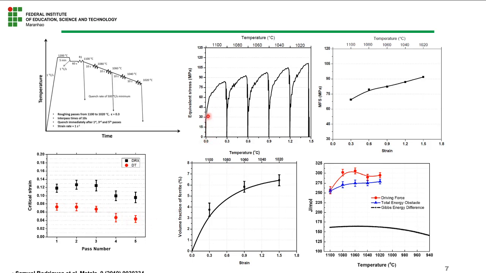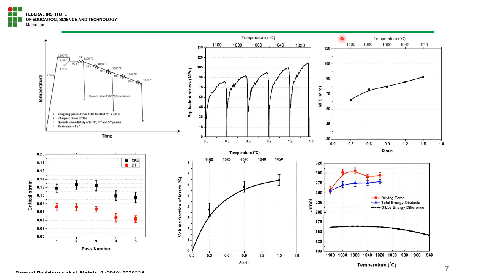As you can see here, we applied 0.3 strain to each pass. It means that for the first one, approximately 0.8 of the strain initiated the process of phase transformation due to dynamic transformation. Or, in other words, ferrite was formed. The mean flow stress, when you integrate the area over the curves, is the mean flow stress of the stress strain curve.